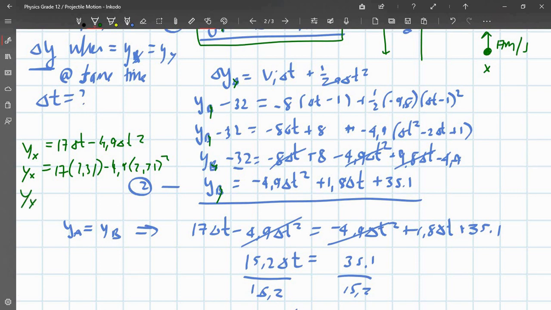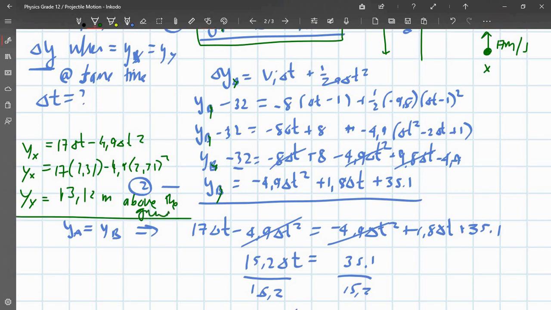Don't forget to square that. And the position above ground that they will be in at the same time, we get an answer of 13.12 meters above the ground.